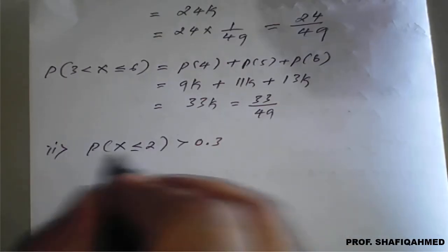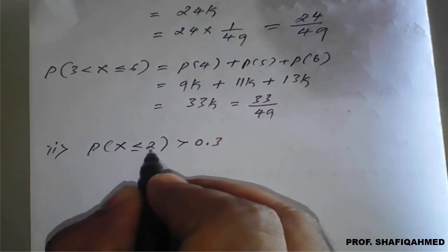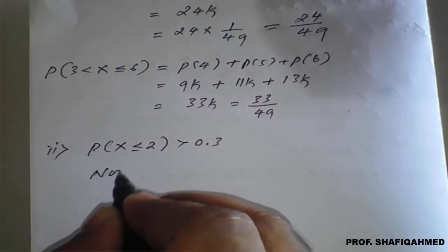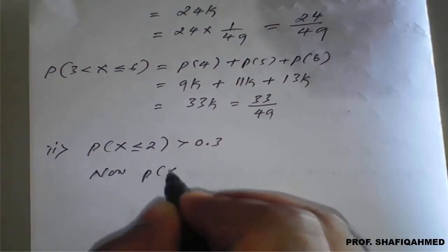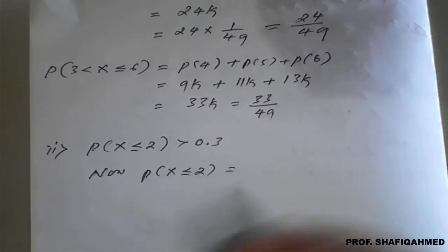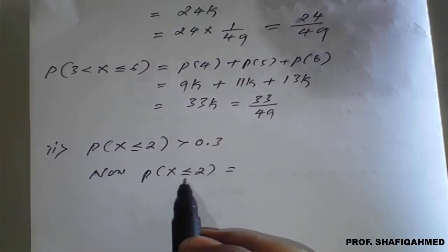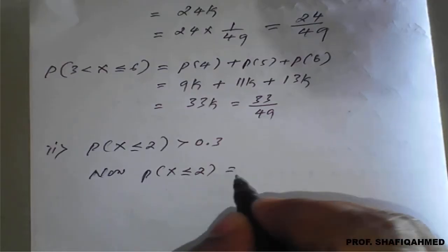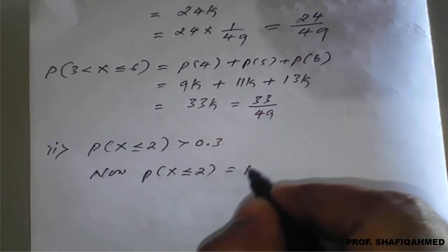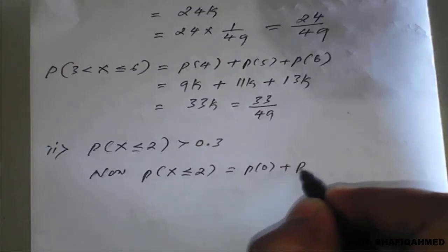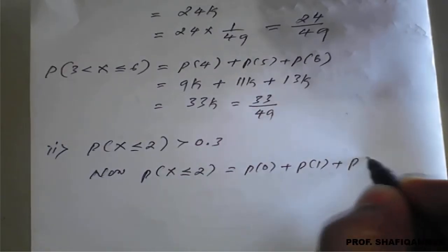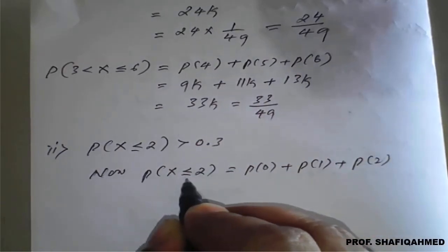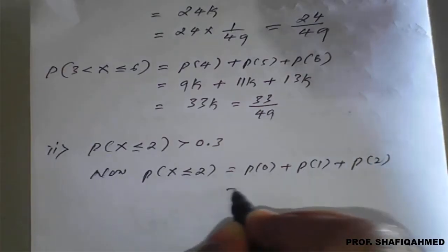So first we will find P(X ≤ 2). Less than or equal to 2 means which all will come here. So it will be P(0) plus P(1) plus P(2) also will come, because less than or equal to 2 they are telling, means we have to take these 2 also.